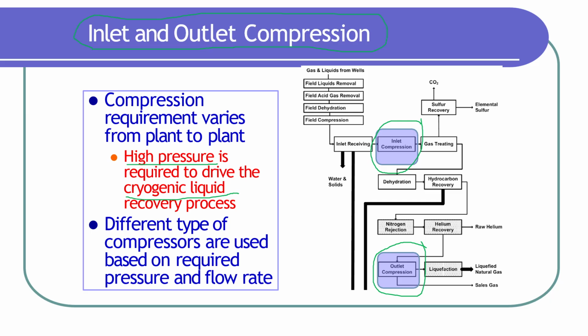So if your plant includes the cryogenic unit, you need to compress the gas at relatively high pressure, and you're going to use different types of compressors that we're going to cover toward the end of this chapter, in order to achieve the pressure that you require.